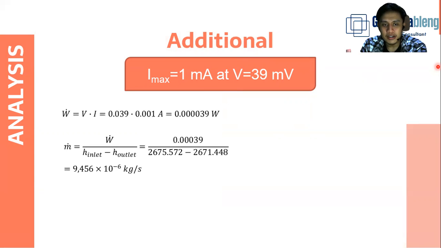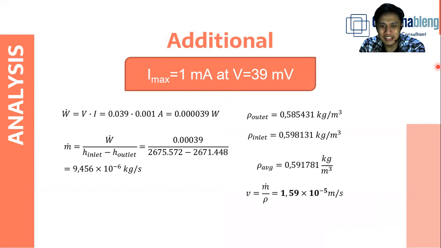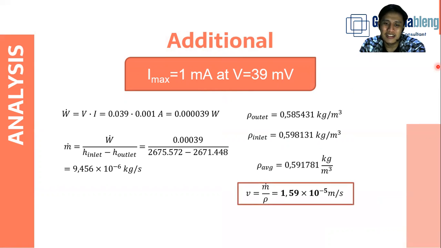Then we find the maximum mass rate, if the maximum current is 1 milliampere. And for the velocity, it is just 1.6 times 10 to the power of -5. It's too small. So I think that's possibly why the anemometer can't read it.